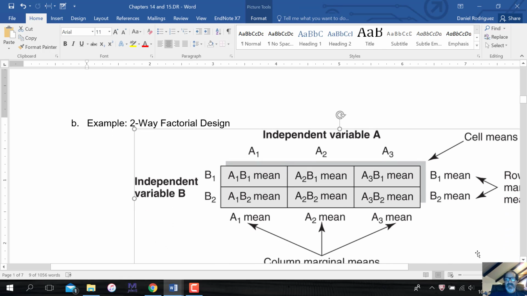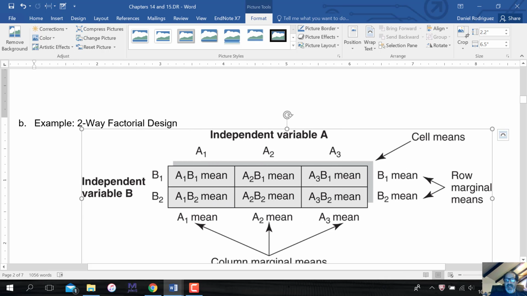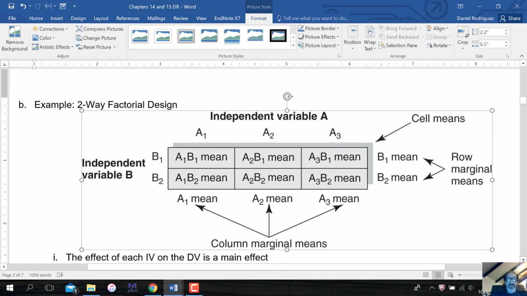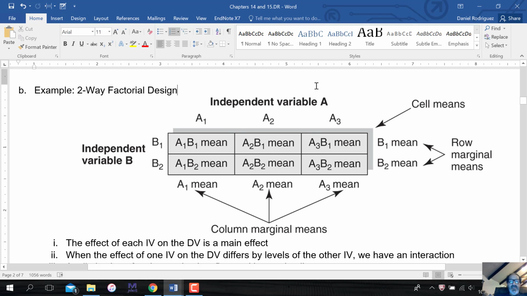Okay, so here's an example. Let me make sure that you can see this clearly. Here's an example of a factorial design with two independent variables. You could say that this is the sunshine pills treatment and control, and this is some other variable. Because there's three levels, it can't be biological sex, but it could be something like racial or ethnic group: white, black, and other.